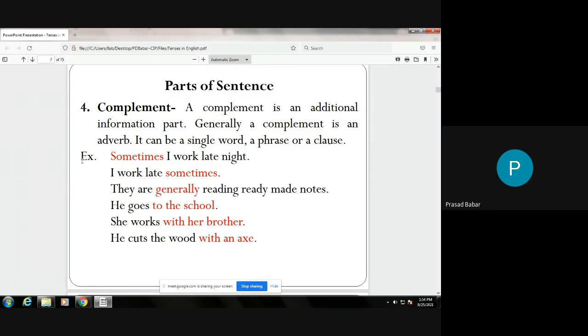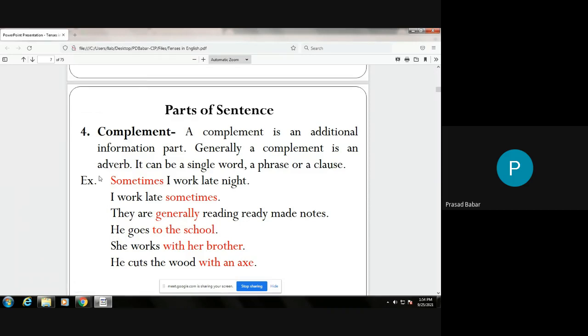Then see the last example: he cuts the wood with an axe. With is the adverb and an axe is the noun phrase. So it is called the complement. So this is about the complement of a sentence.